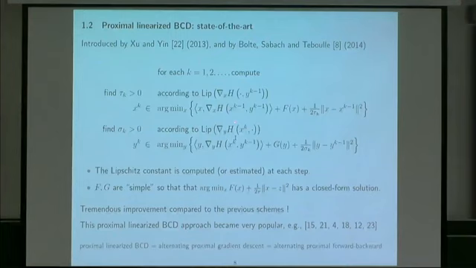What you see is that if F is prox friendly, we will have an explicit step. And then the next step is similar.